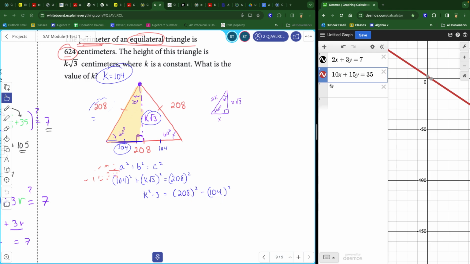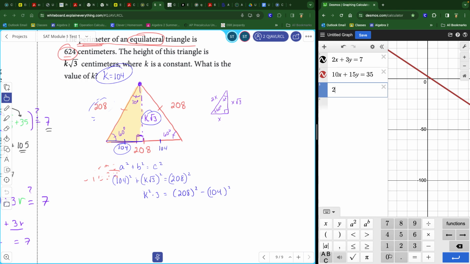So I've got my calculator here. I'm going to take 208 squared, and subtract 104 squared. There we go, that gives me 32,448. So 3k squared equals 32,448.